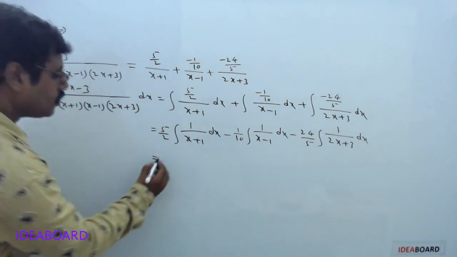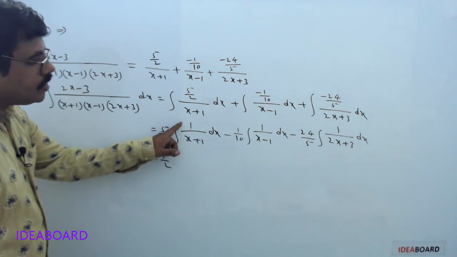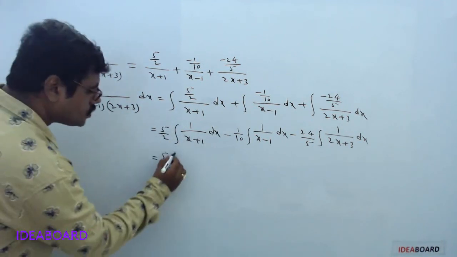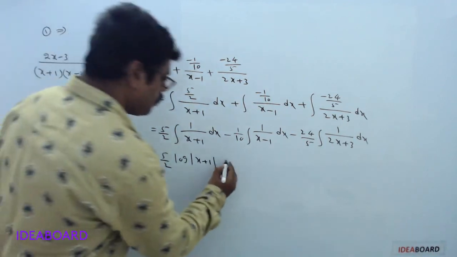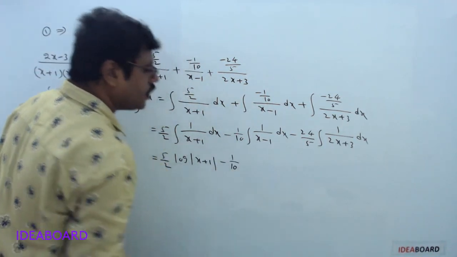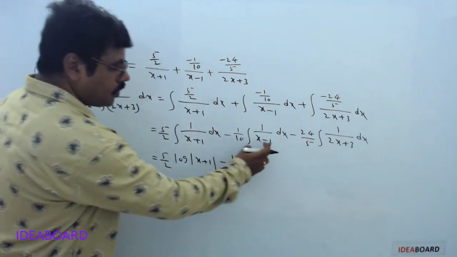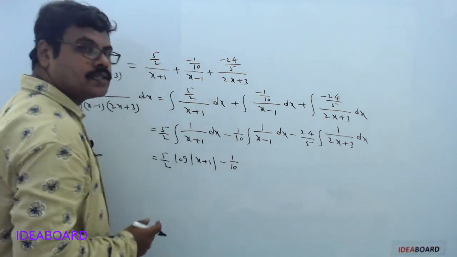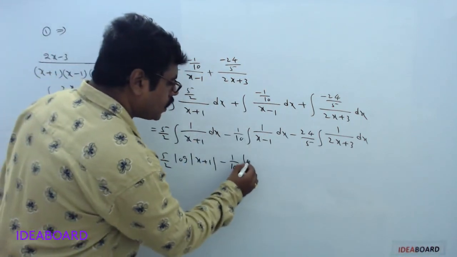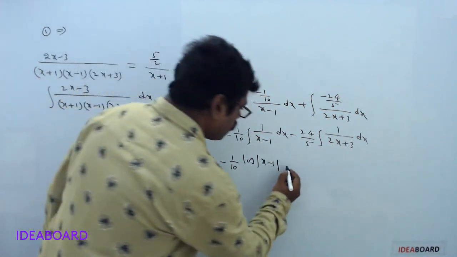Now this is 5 by 2 into, derivative of denominator is in its numerator. So what is its value? Log mod x plus 1. Minus 1 by 10 into, derivative of x minus 1 is 1, so derivative of denominator is in its numerator. So what is its value? Log mod denominator, that is log mod x minus 1.